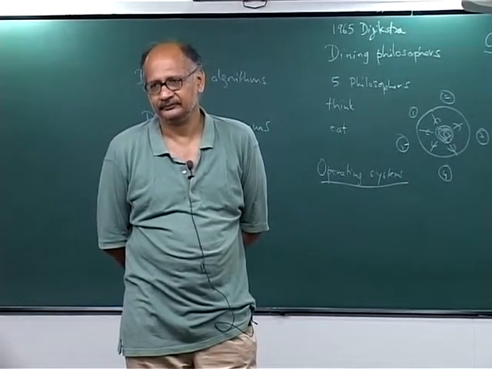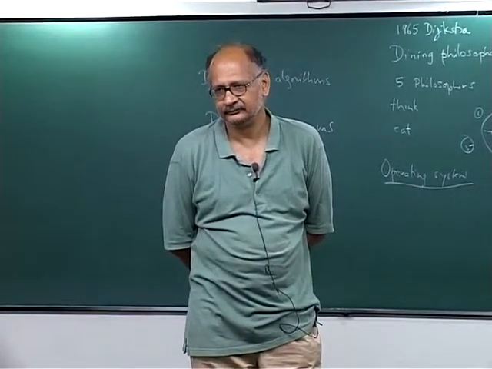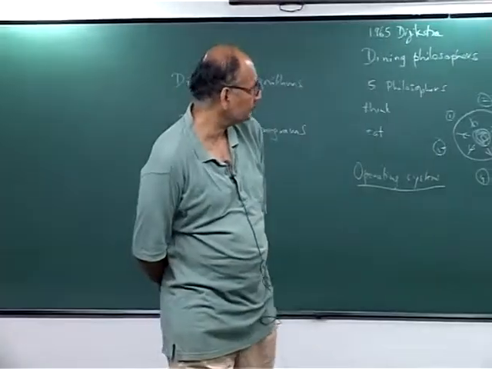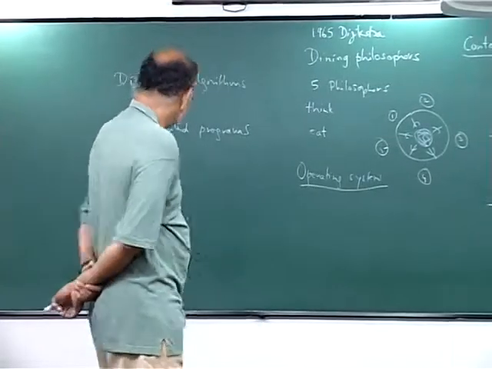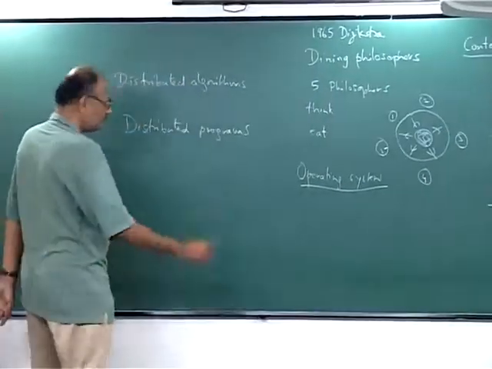The odd philosopher picks up the left fork first and then the right fork, and the even philosopher picks up the right fork first. Let's see, you have a solution.